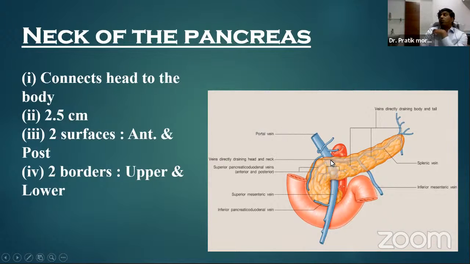So this is the most important thing you have to learn here. You can visualize the portal vein here, but no IVC. It also means that the IVC is posterior to the portal vein also.